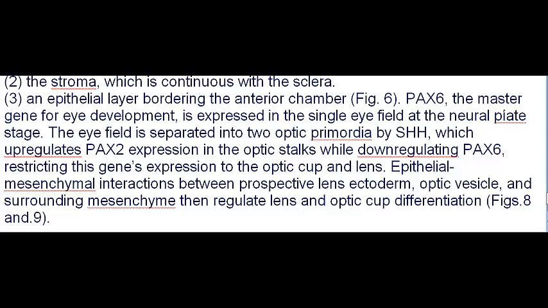The eye field is separated into 2 optic primordia by SHH, which upregulates PAX2 expression in the optic stalks while downregulating PAX6, restricting this gene's expression to the optic cup and lens. Epithelial mesenchymal interactions between prospective lens ectoderm, optic vesicle, and surrounding mesenchyme then regulate lens and optic cup differentiation, Figs. 8 and 9.